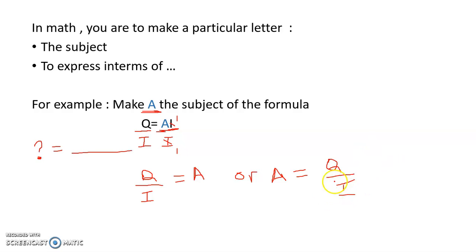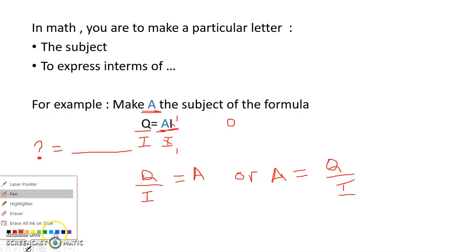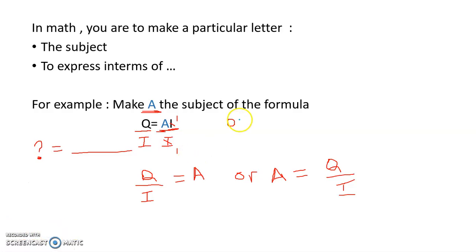What if we wanted to make Q the subject? Alright, so let's not say Q. What if we want to make I the subject of the initial formula? So let's write this back. So we want to make I the subject of the formula Q equals AI.